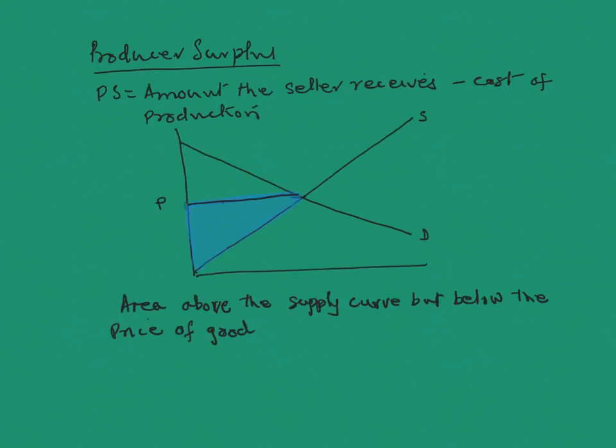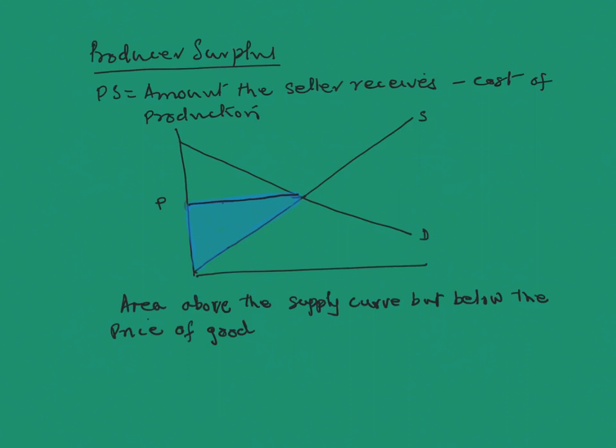Producer surplus measures the benefits received by sellers from participating in a market. Producer surplus is the amount that a seller is paid for a good minus the cost of production.